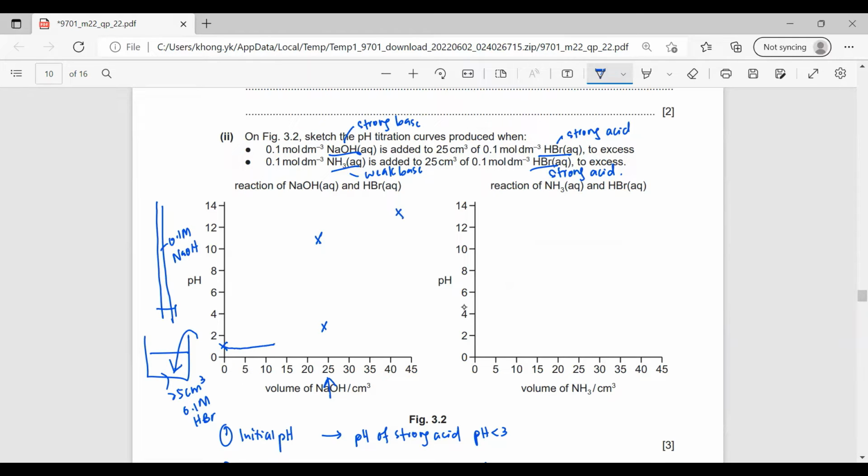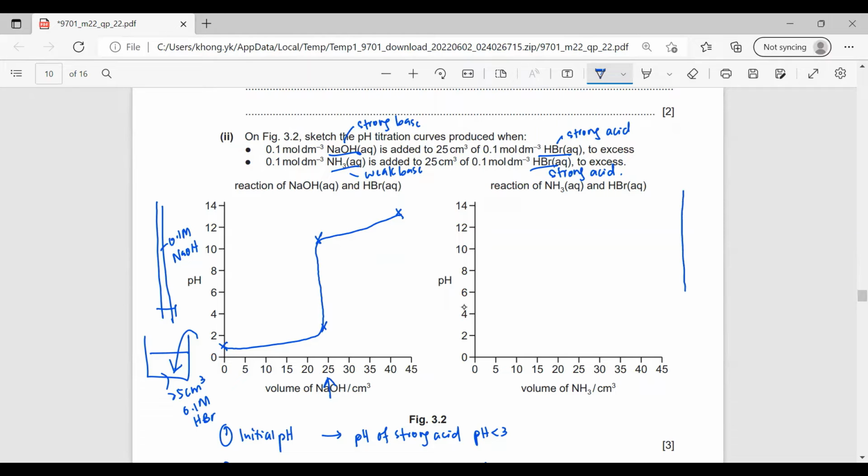Then I'll join the graph together. When I join the points together, the shape of the graph should look like a sigmoid shape, meaning it looks like an S shape like this.